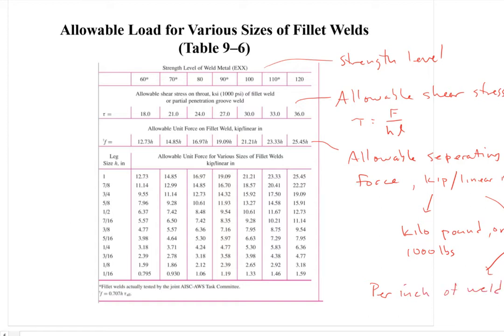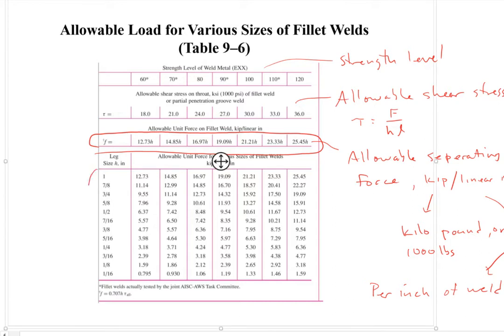Really, all you need to know is in this line of the table right here for the allowable separating force for a fillet weld. These are just calculated from this formula. That's it.